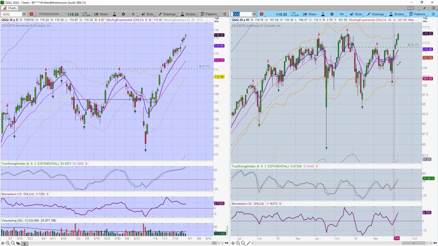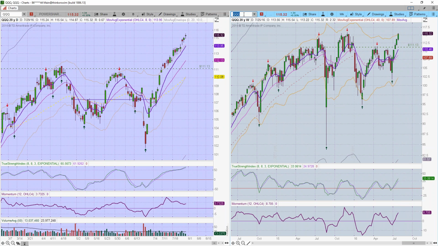It's basically following a very similar path. The Qs are up into the upper Keltner range, can push through, but what we like to see, once it hits that upper Keltner range, and if we close above it, is those pullbacks to the 8 or the 20-week moving average.